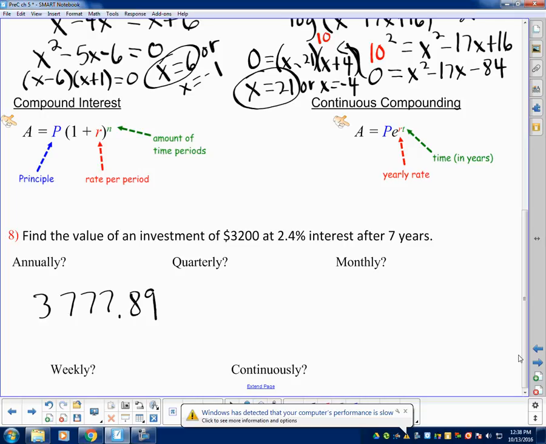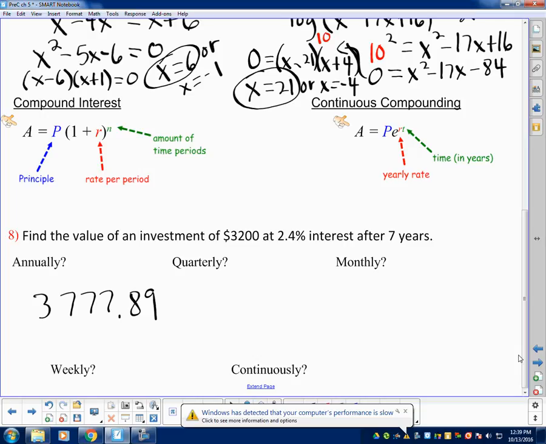Now, if you do it quarterly, monthly, weekly, that value does what? Right, exactly. Now, if you do it continuously, have any guesses as to how much more money you make? 1,000 more, 100 more, a couple hundred more. Okay, good guesses.